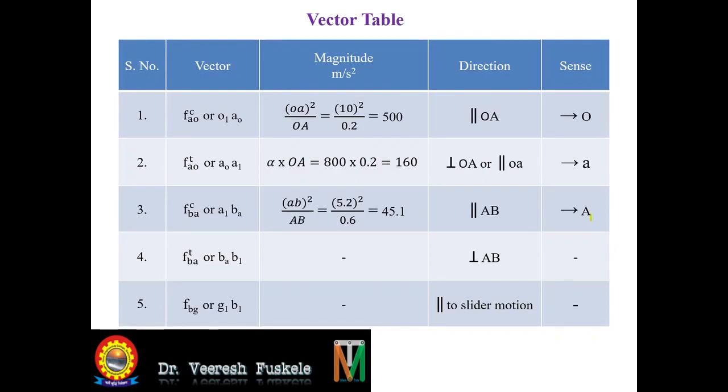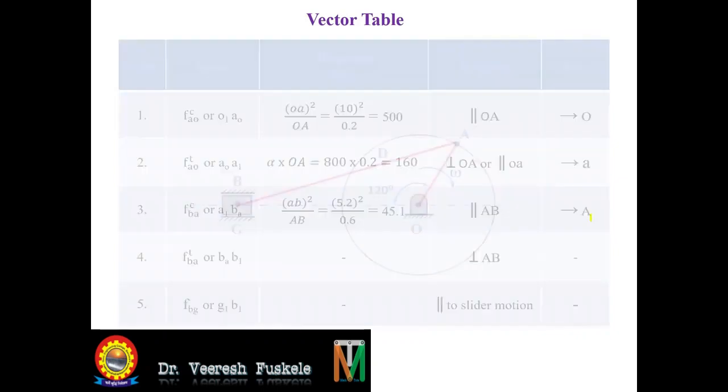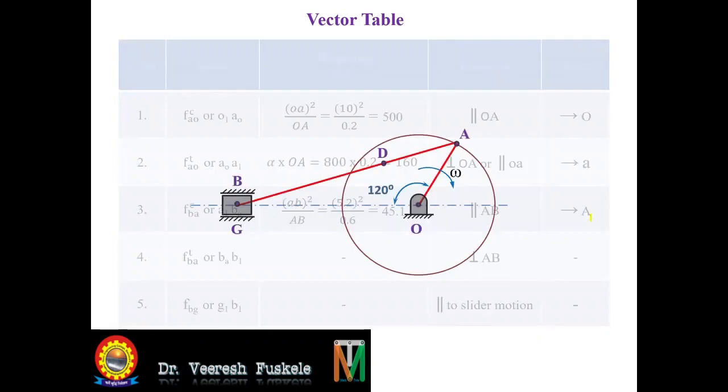The direction of the tangential component of A relative to O will be perpendicular to the link and the sense will be towards the direction of motion of A, or towards the velocity of A. So this can be understood like this. The tangential component of link AO will be perpendicular to the link AO and in the direction of motion of point A, or in the direction of velocity of A.